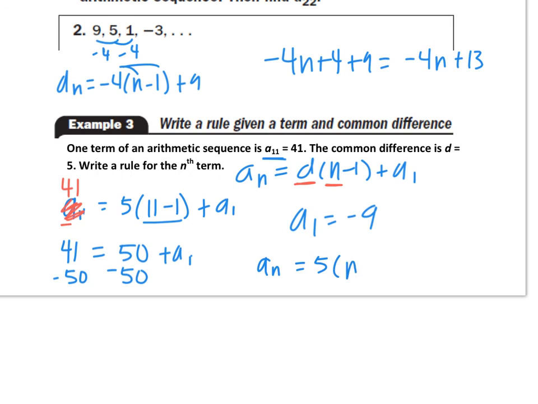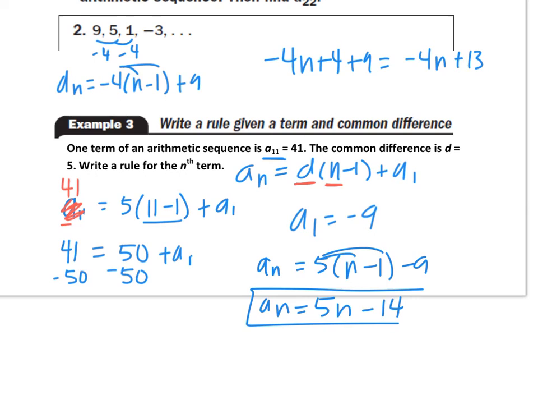I'm going to leave this n and 1 because we want the generic form for the rule here, and then plus negative 9. So let's actually do minus 9. We could leave it like that. I am going to simplify it a little, distribute that 5. So 5n and then negative 14 when we combine those terms. So our rule, a to the n equals 5n minus 14.